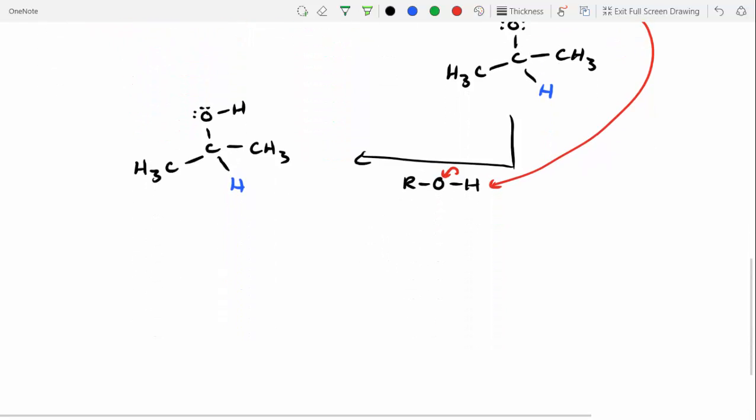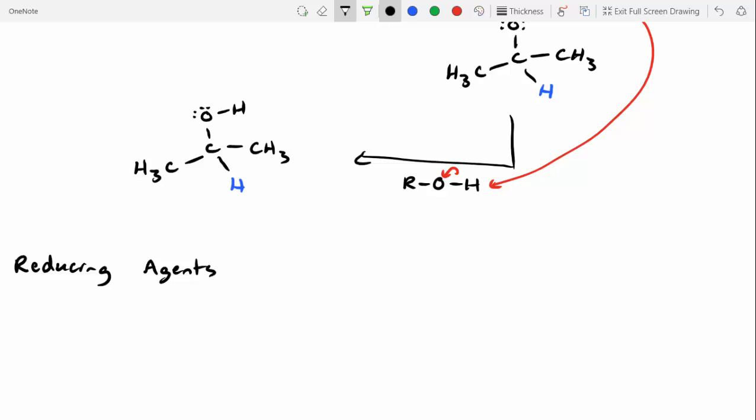All right, so let's do the reducing agents for our other carbonyls. So, reducing agents for carboxylic acids and esters.